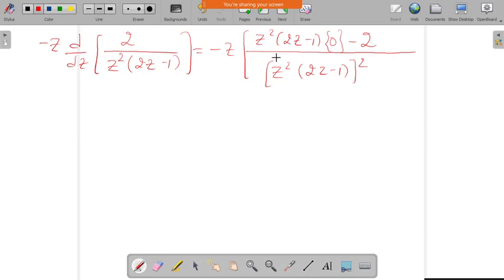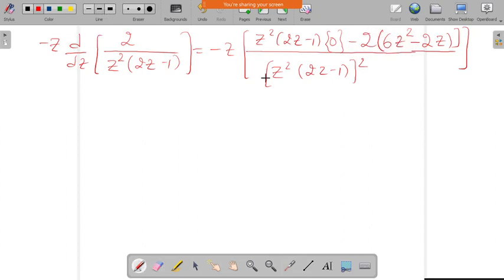Now for the differentiation of the denominator, we need to multiply the factor inside, so we get 2z cube minus z square. Differentiating this term, we get 6z square minus 2z.